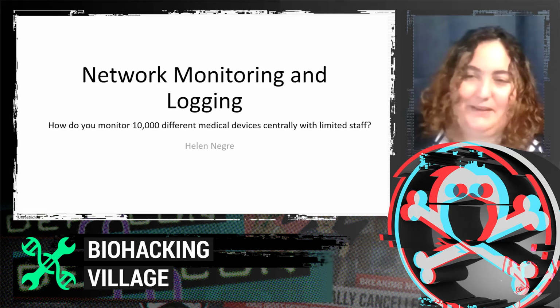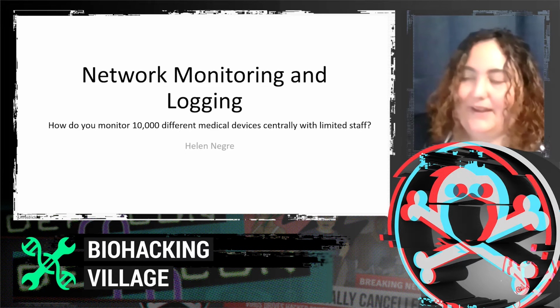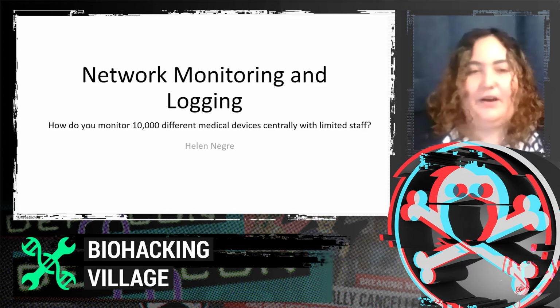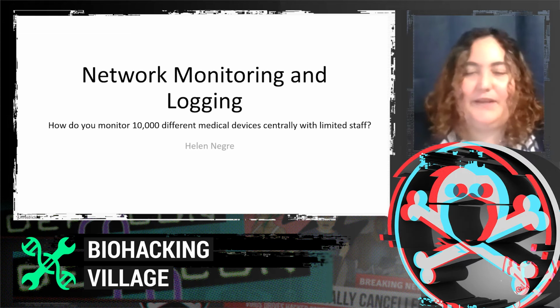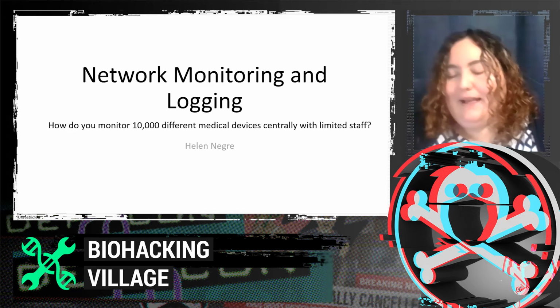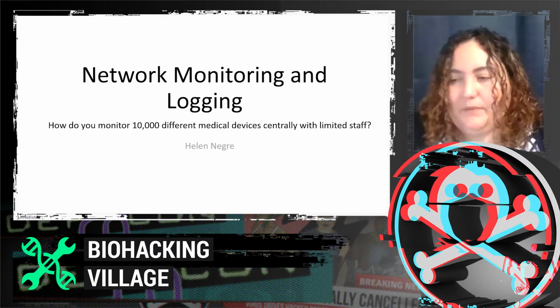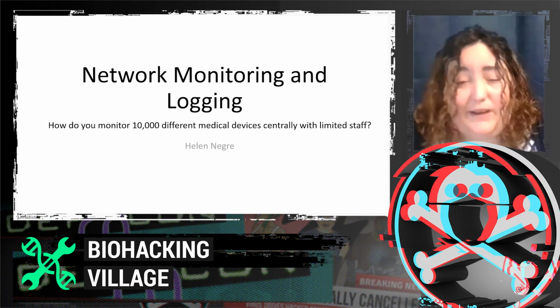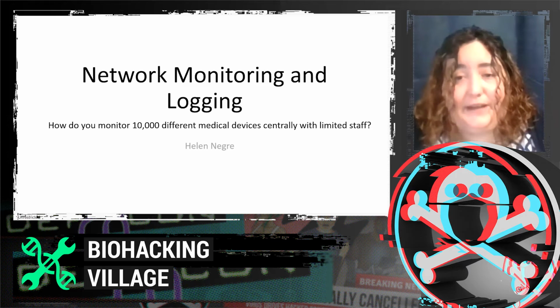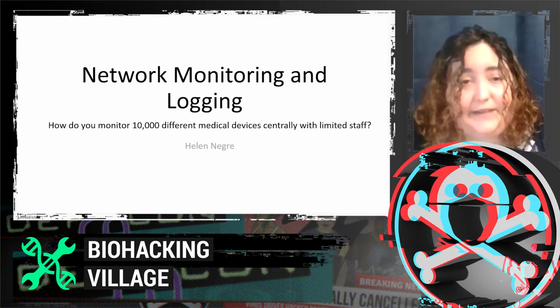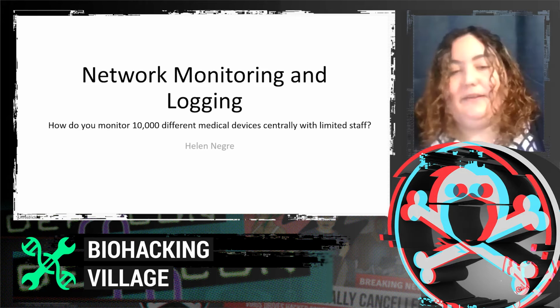So the question that comes up pretty often is, how do you monitor all the devices you have in a network? And this is going to start with really seeing what you have and then figuring out how to capture that data and monitor what's going on.